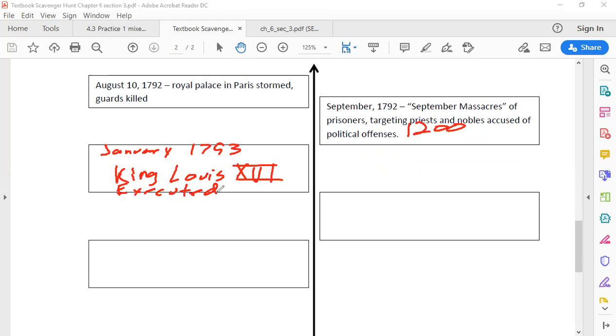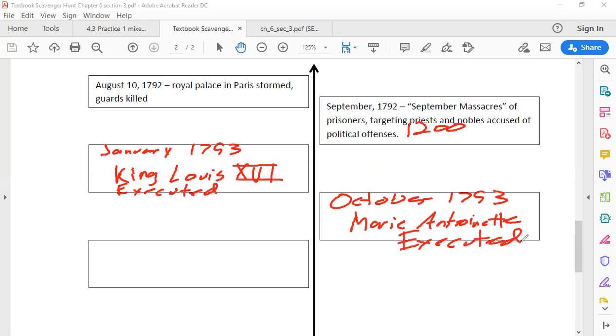Marie Antoinette was beheaded. This next event, this is October. And we can go on and on. We can see the next event was Robespierre was killed.